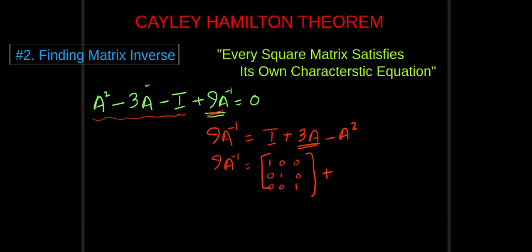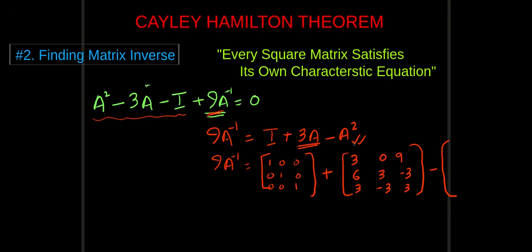Let's copy that. So plus 3 0 9, and then 6 3 minus 3, and 3 minus 3 3, and A square we already calculated earlier.